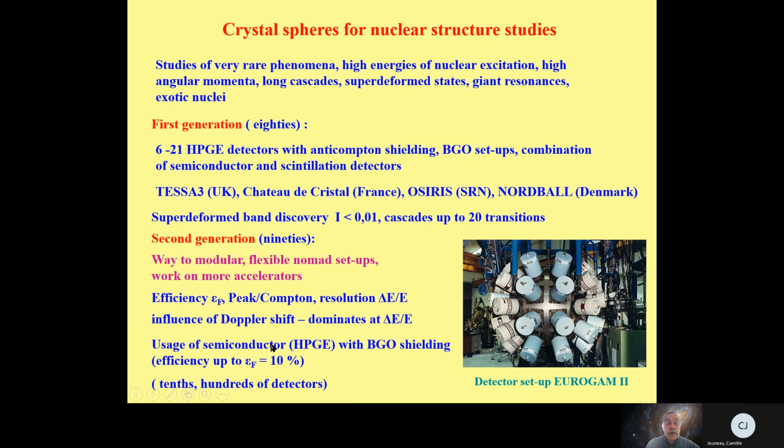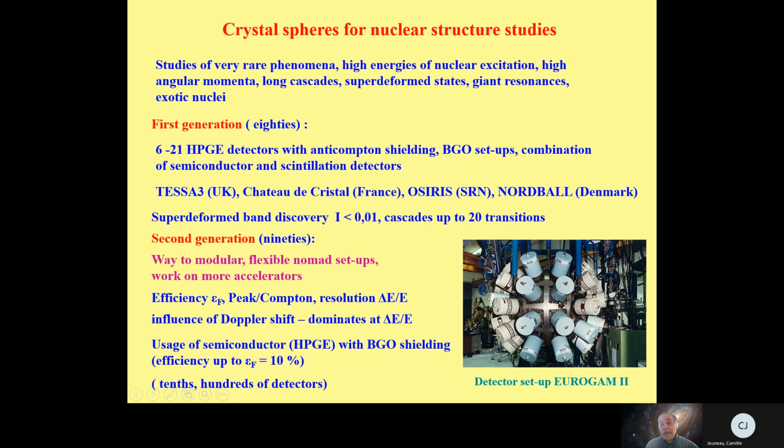With the usage of these semiconductor detectors with shielding of scintillator detectors, it is possible to obtain efficiency of such systems up to 10%. And we have tens and hundreds of detectors in this case. Here is an example of such a system, Eurogam second.